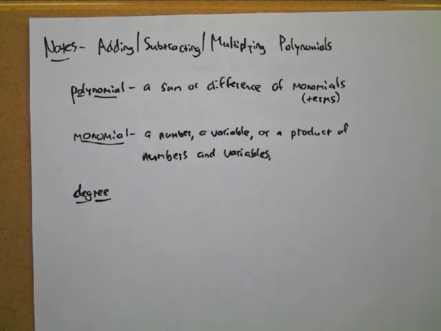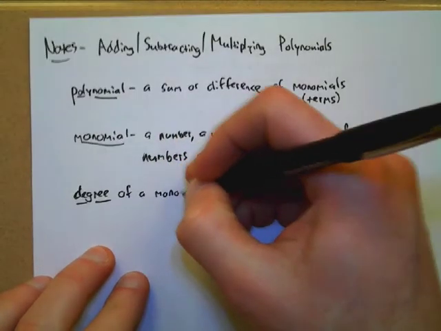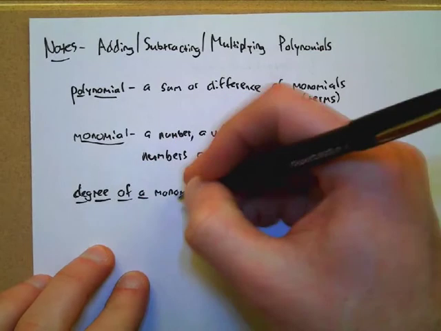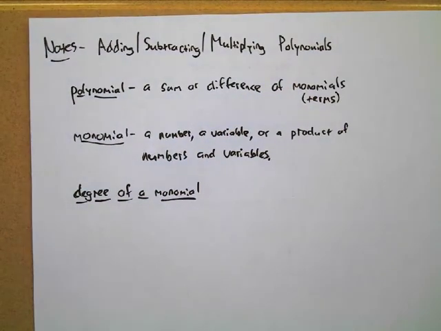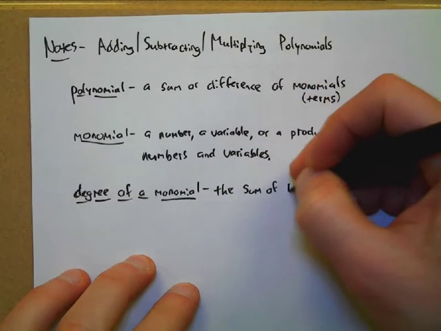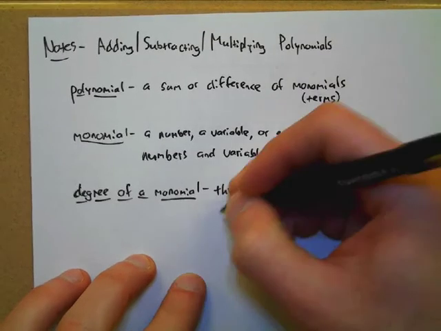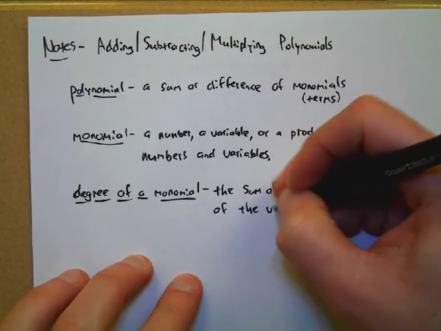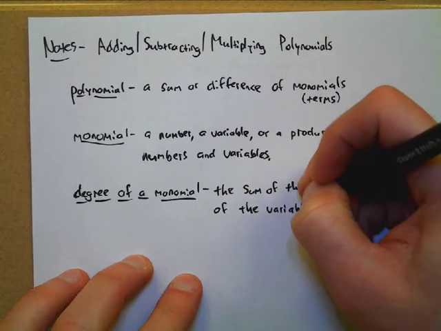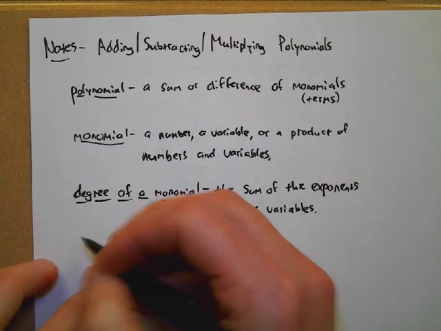The degree of a monomial is the sum of the exponents of the variables. And then there's the degree of a polynomial.